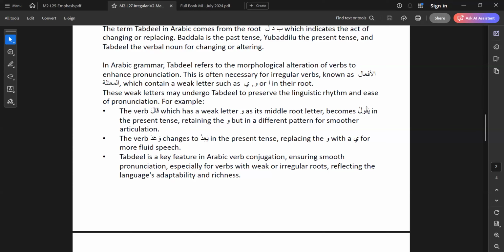The first is misal, where harf illat, waw and ya would be there in the first radical. And second is ajwaf, where harf illat, waw and ya would be there in the second radical of the root letter. And third is nakhis, where harf illat, waw and ya would be there in the third radical.